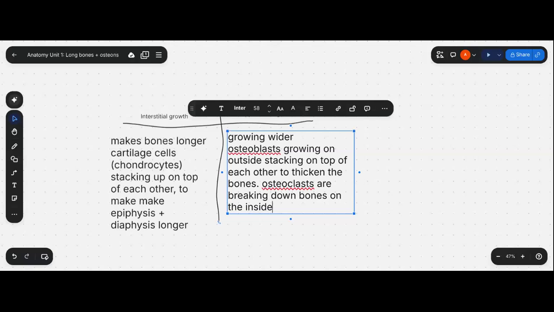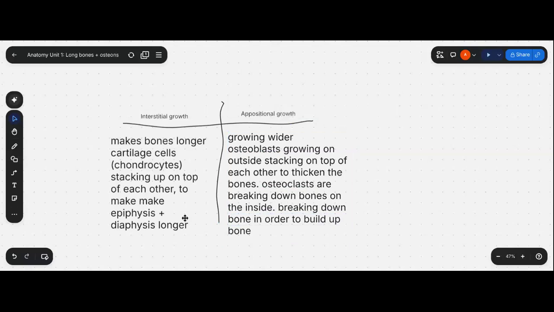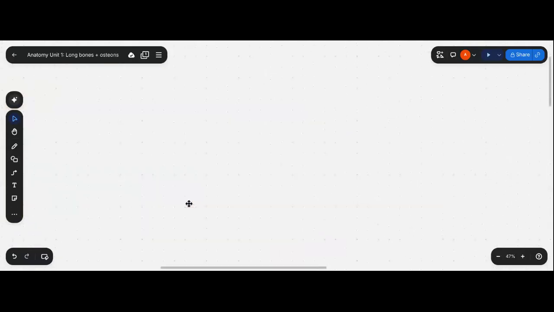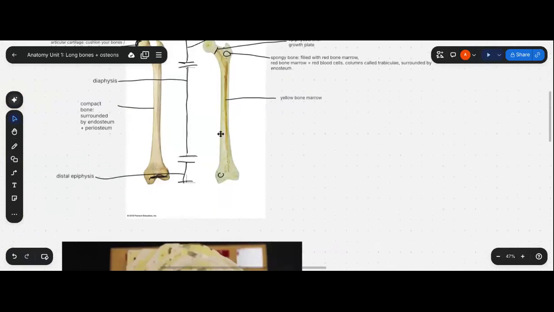And so it's kind of like a little bit of a hollow type of thing. So you are breaking down bone in order to build up bone. That is how it grows wider: you are breaking down bone within the center, and then you are building upon it on the outside.